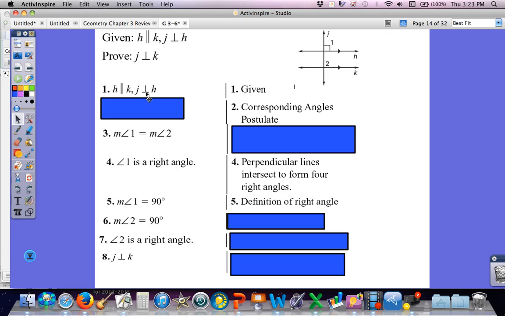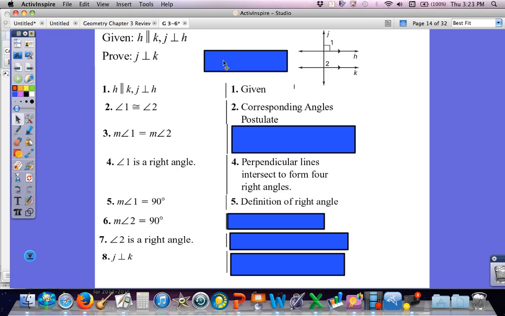So let's see what we got. The first step is angle 1 is congruent to angle 2. Now, once again, this is one pulled from the book, so I'm going to interject what I would want to have here. Meaning, I would want to have a step here that says angle 1 and angle 2 are corresponding.